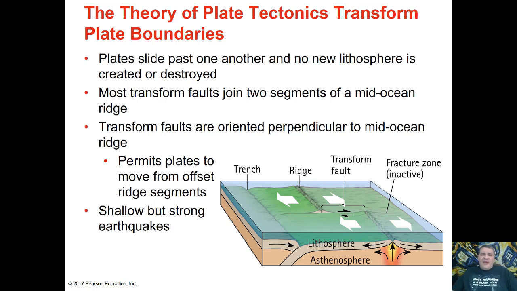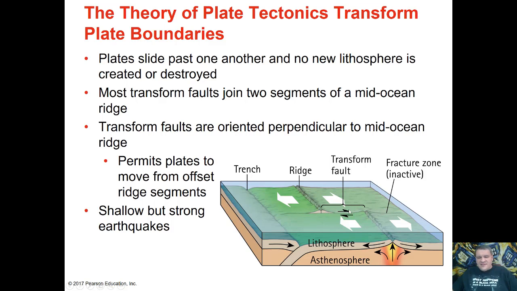Our last type of boundary are the transform fault boundaries. Again, this is caused by sliding. So divergent is where they split apart, convergent is where they come together, transform is where they slide. A lot of transform faults actually happen along the mid-ocean ridges. We'll see these places where the ridge suddenly jumps from one side to the other, where we get this sudden transition.